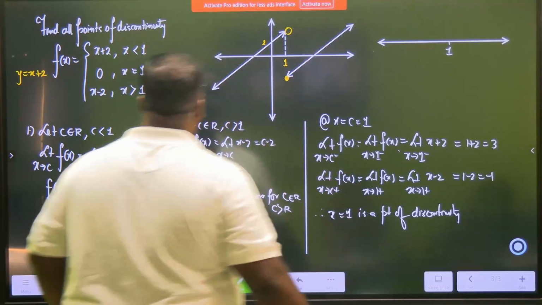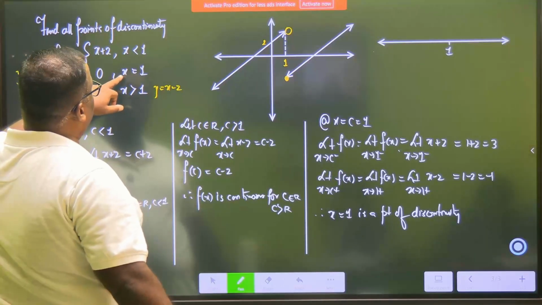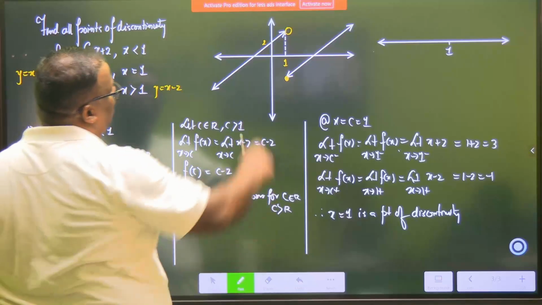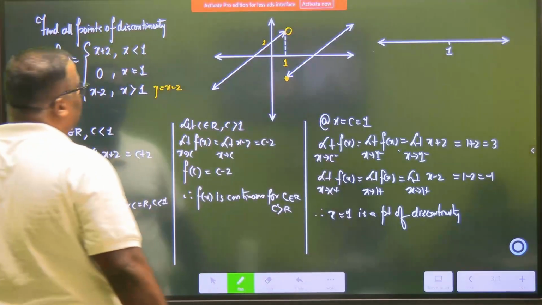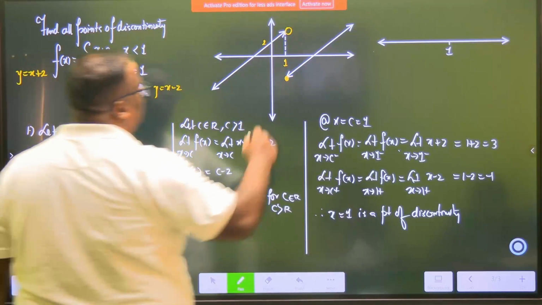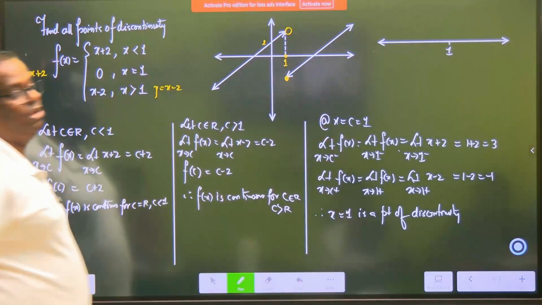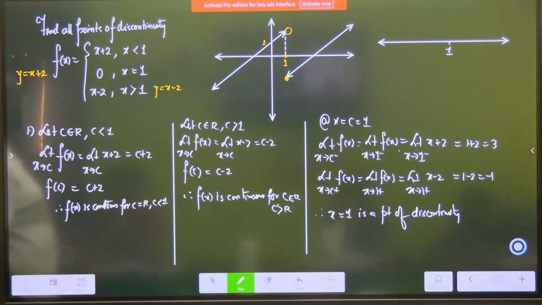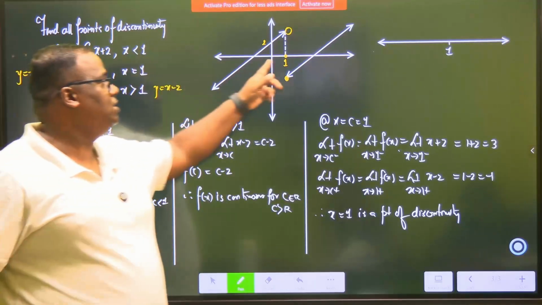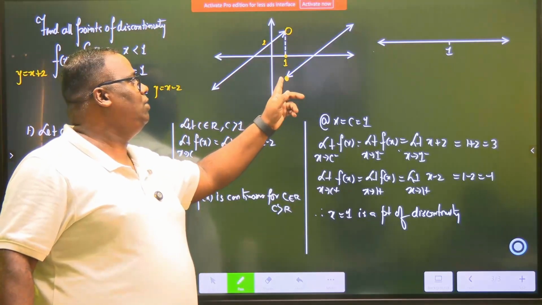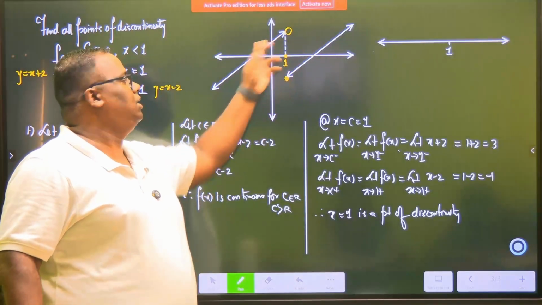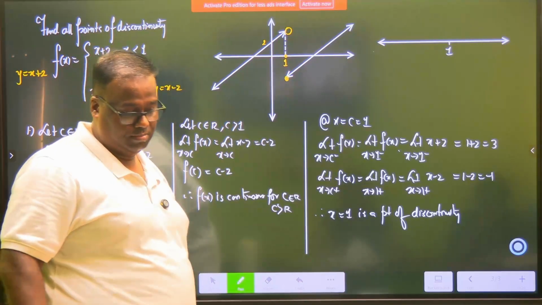And at x equal to 1, what does the graph say? At 1, the value should be minus 1. So it is defined here. Now, see, these are the 3 values. Got it? At 1, it is defined. Above 1, it goes in this manner. So it's discontinuous.